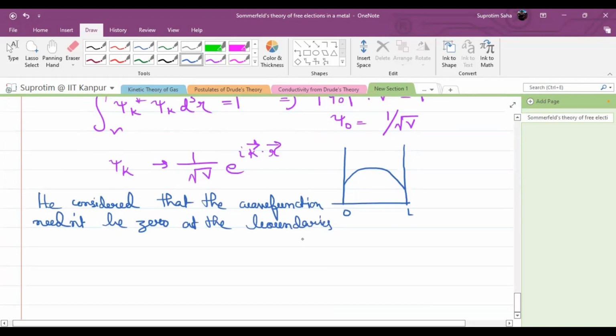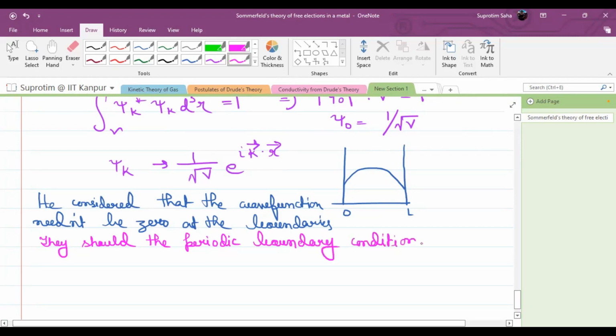Rather, what he assumed is that they should obey the periodic boundary condition. What does this mean?